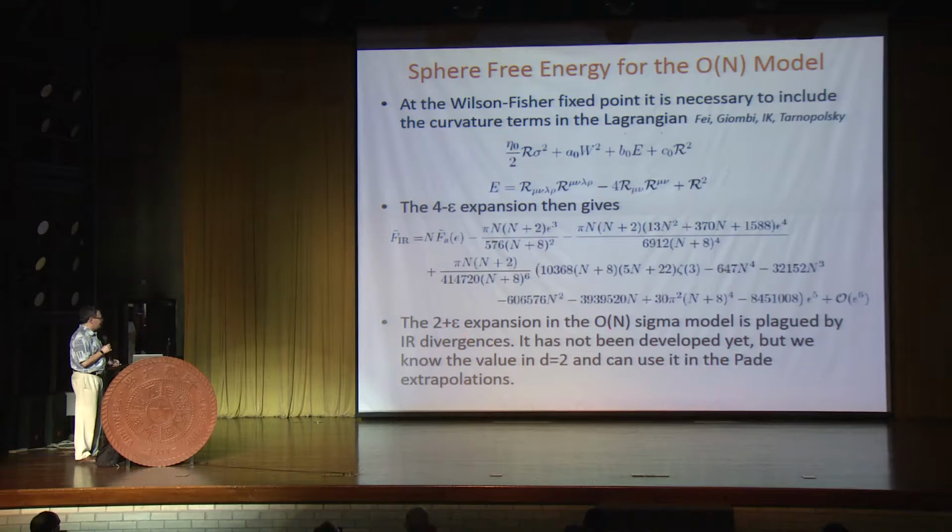But the 2 plus epsilon expansion in this O(N) sigma model is much more complicated, and we haven't developed it yet. One needs to deal with IR divergences. However, one can still fix the value in d equal 2, which is just the known C anomalies for either n free scalars, or for n equal 1, it's just the Ising model. And then everything is sort of under control.